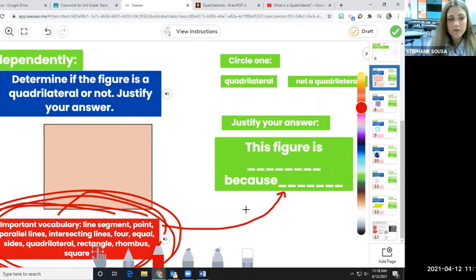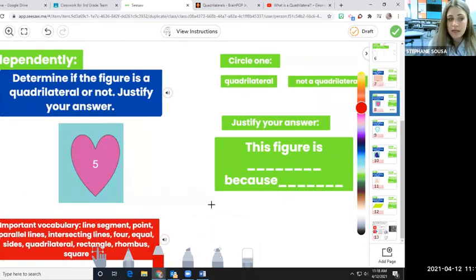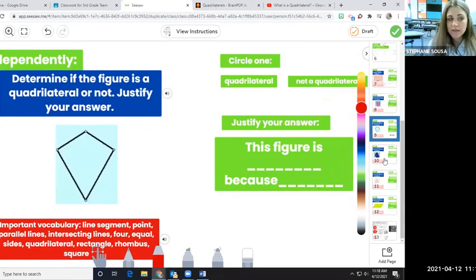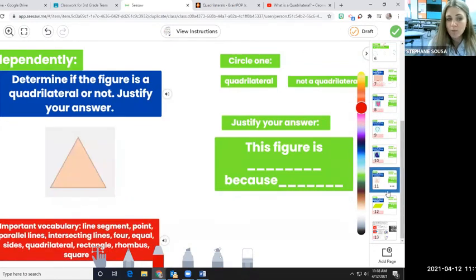Some of you guys have started saying, I know it's a figure because it has line segments, points, parallel lines, intersect, and you just read. And that's not going to help you because this is not a square. So don't just read this. Think about which words are true. And you're going to do that for each shape. Is it a quadrilateral or not? And how do you know?